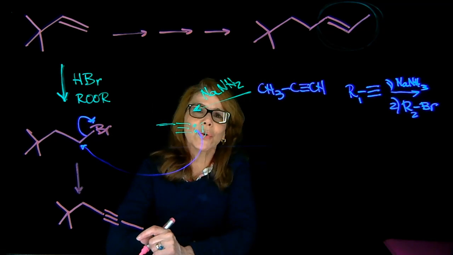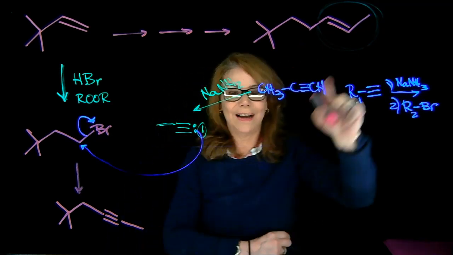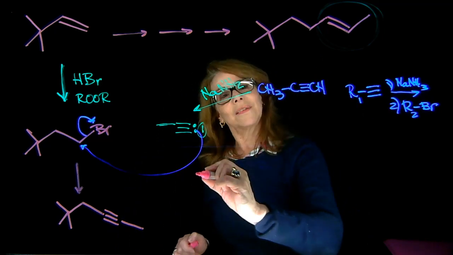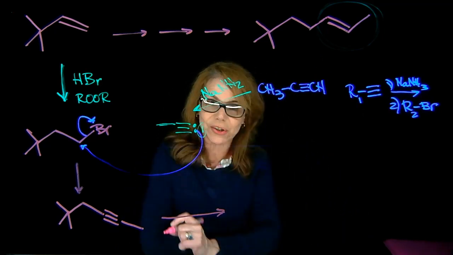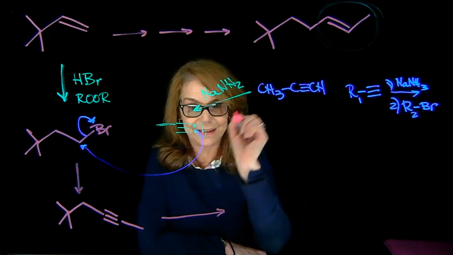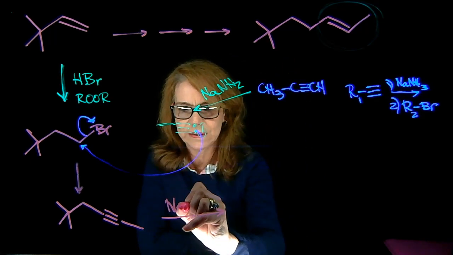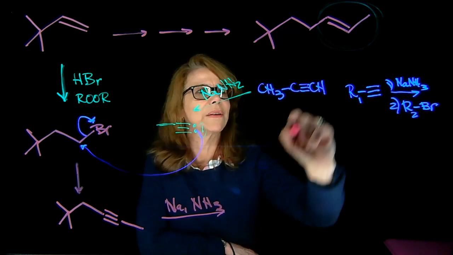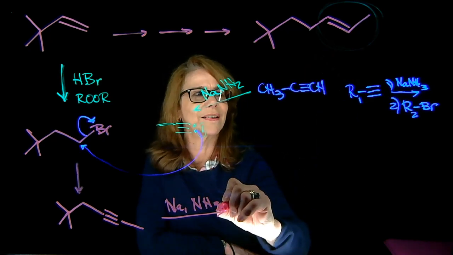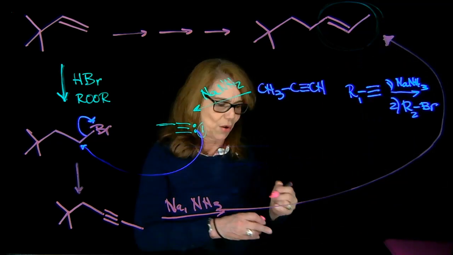What do we need to do if I want the trans stereoisomer here? So I need to use a partial hydrogenation that gives me that stereochemistry. And this is using sodium and ammonia. Remember that condition will give you the trans alkene. So I'm going all the way over here, and that's my target molecule.